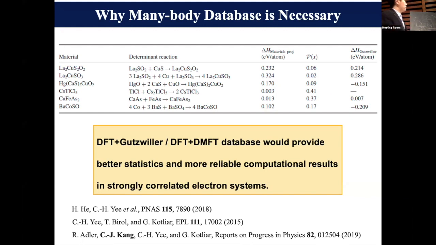The interesting point is that DFT described the unstable phase, however, Gutzwiller described the stable phase. So we expect that this new mercury-based cuprate superconductor could be synthesized in experiment. Here, I'd like to emphasize that the Gutzwiller and DMFT databases would provide better statistics and more reliable computational results, especially in strongly correlated electronic systems.